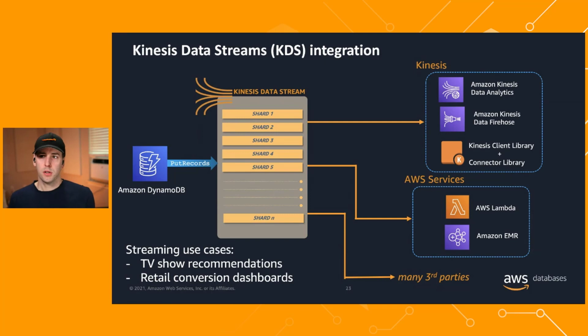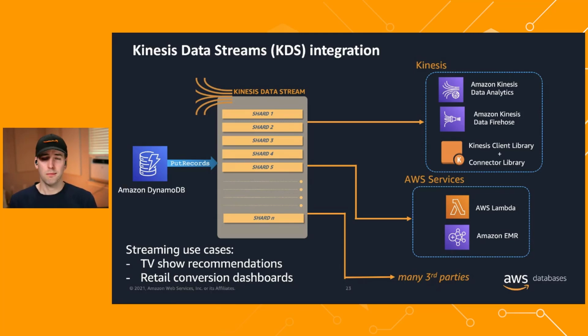The great feature of Kinesis data streams is the ecosystem. Kinesis data streams can send data over to Kinesis Data Analytics for live SQL queries, or to Kinesis Data Firehose to get the data into Redshift or S3 or Elasticsearch, to mention a couple of options. You can also use AWS Lambda functions tied to the Kinesis data stream, or something like Amazon EMR using some connectors, like you could write an application with Spark to just pull everything off of the stream.